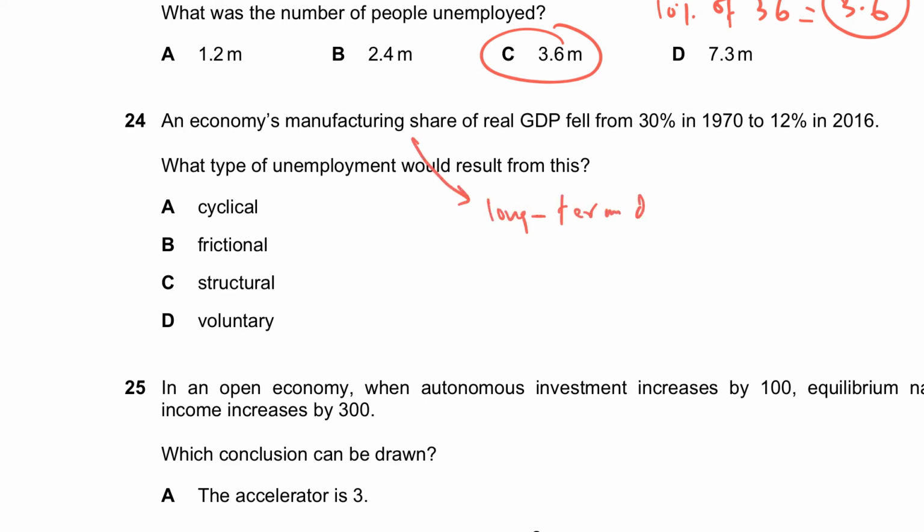And this long-term decline results in what we call structural unemployment, where people lose jobs on a long-term basis, and the only way they can gain jobs again is by retraining themselves or getting new skills for the other sectors.